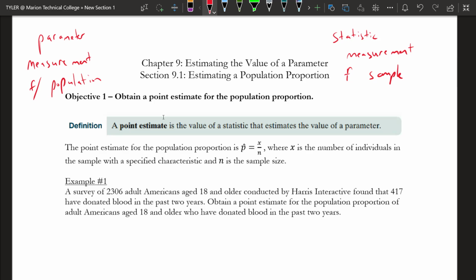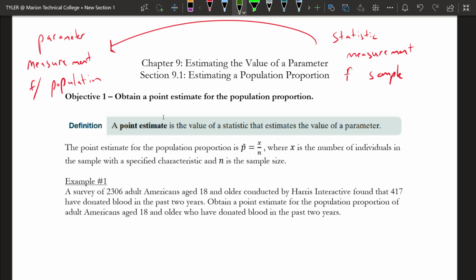So what we do instead is we get a statistic. We collect a sample, get a measurement of a statistic, and we can do some things with the statistic to help us estimate what the parameter is. And that's what this chapter is going to be about. In the last section, we looked at population proportions, and we're continuing the discussion with population proportions.